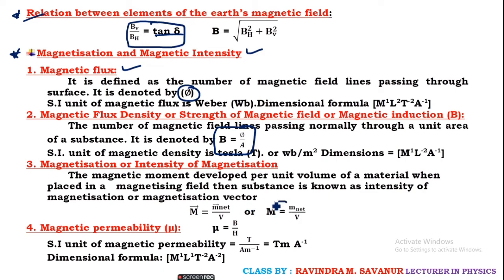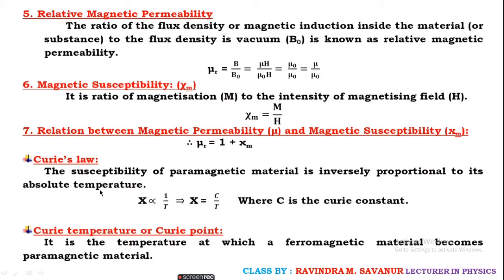Magnetization, that is M equals M net upon V. Magnetic permeability, mu equals B by H. Relative magnetic permeability, that is mu r equals mu upon mu naught.